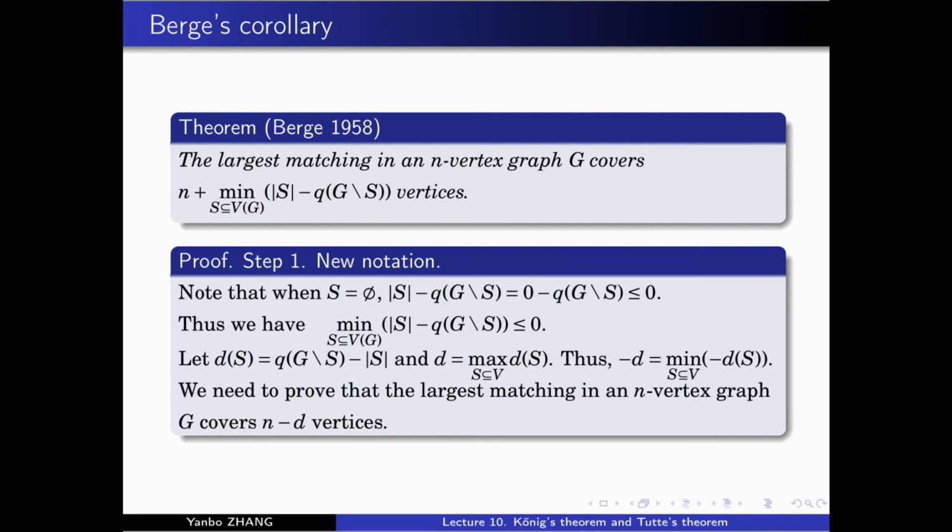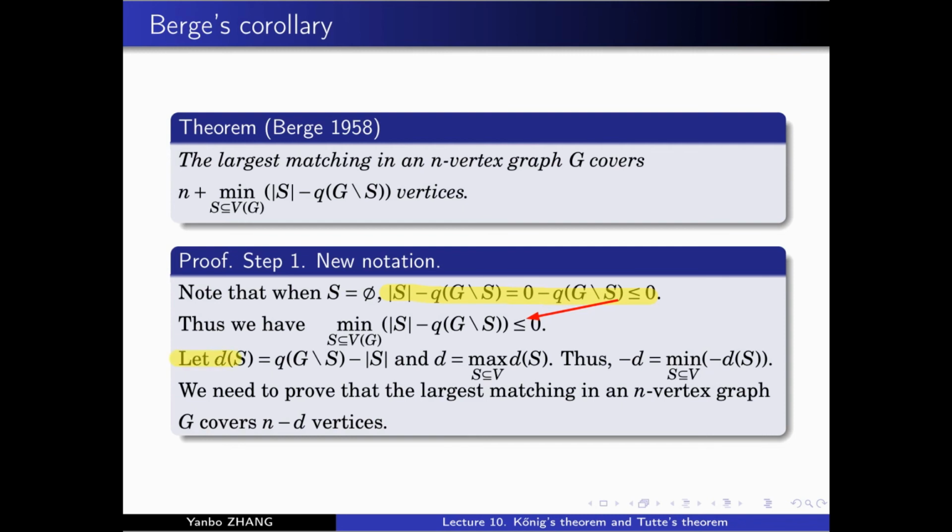Note that when S is an empty set, the size of S is 0. So the size of S minus Q(G minus S) equals 0 minus Q(G minus S), which is less than or equal to 0. Thus, the minimum of this parameter for all S contained in V(G) is less than or equal to 0.